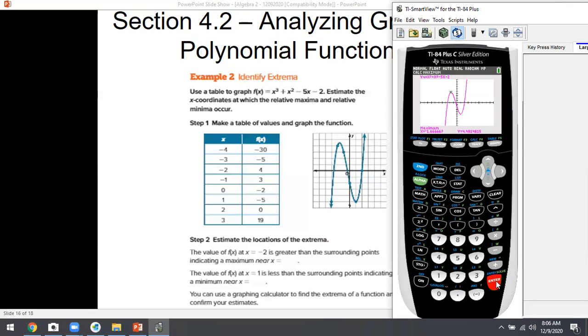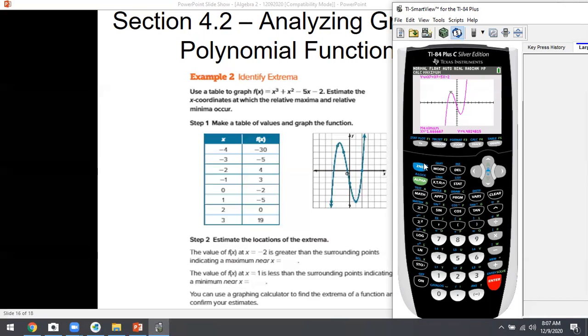It means the same thing. Relative means local, in case you forgot that. Is it a global max there? No, it's not the highest spot ever. So they might use the word absolute max for that, by the way, too. So just remember, as a refresher, relative means local, absolute means global. But there is a relative max at x equals negative 1.66, and that's what you write down. Don't even tell me the y. I don't care what the y is. Don't tell me that. I don't care.